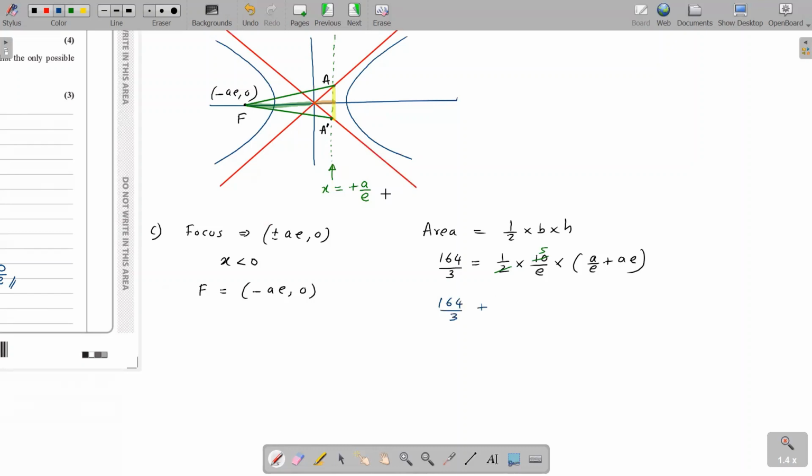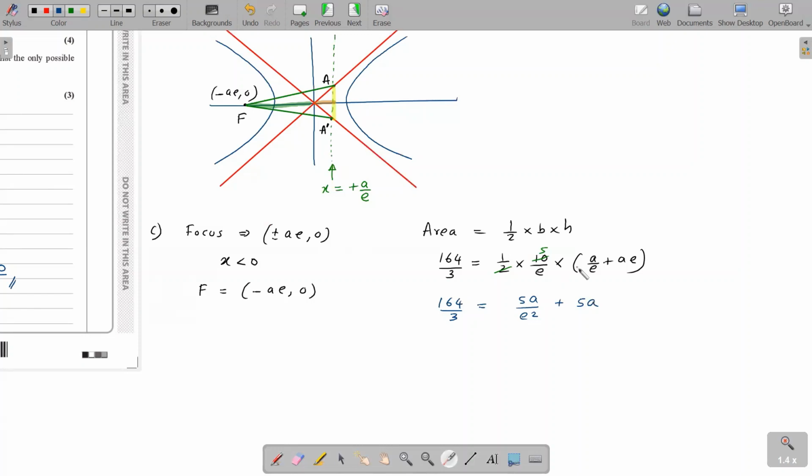Shall we multiply with 5/E? 5/E into A/E, I get 5A/E square. And then 5/E into A/E, E to E cancels, plus 5A.